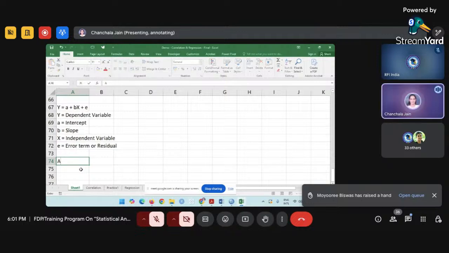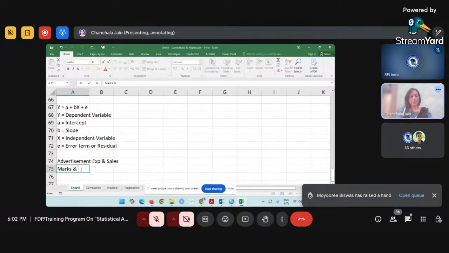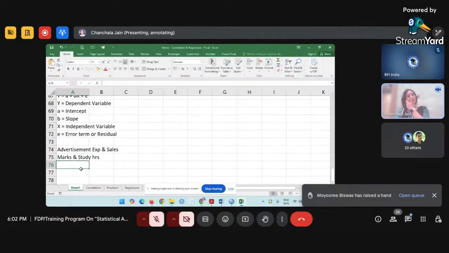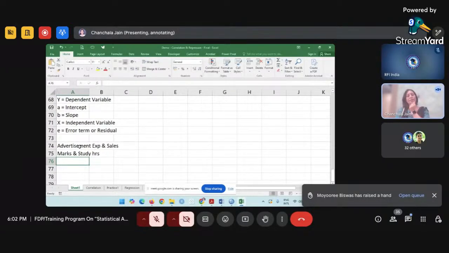So suppose we have advertisement expenditure and sales, or maybe the marks of students and the study hours, right? Suppose I'm interested to predict, if a company is investing this much in advertisement, what sales figure will the company expect?